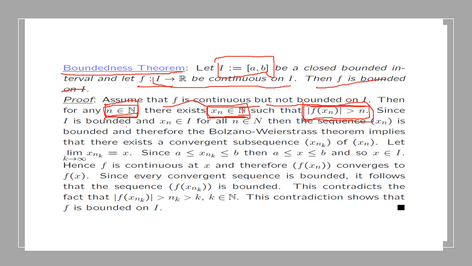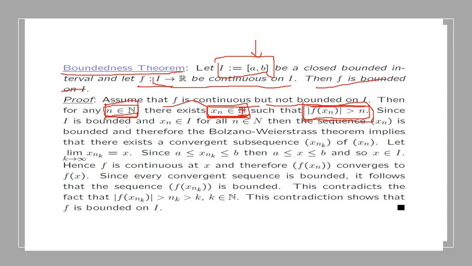Now, since each xn is in I, that means a is less than or equal to xn, and xn is less than or equal to b for all n.